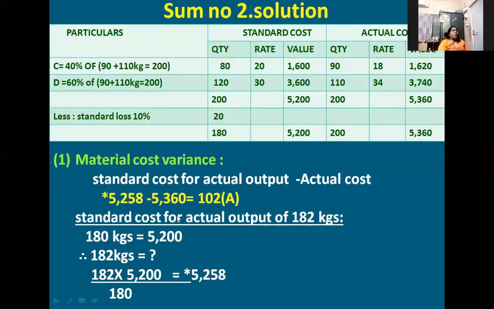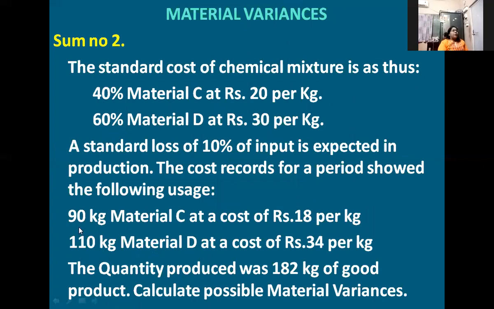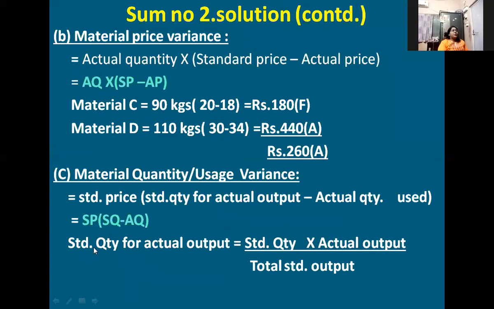What is the actual quantity as per the problem? So look at the problem. The actual quantity is 90 for C, 110 for D. So use this information to calculate the material price variance. So 90 kgs, 110 kgs. Compare with your standard and actual prices for C and D separately.